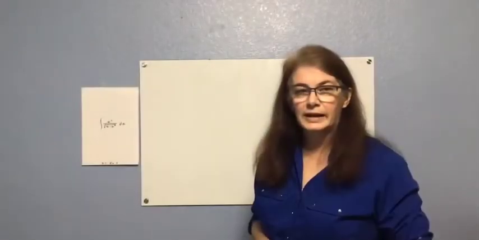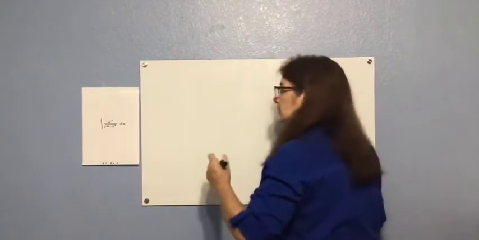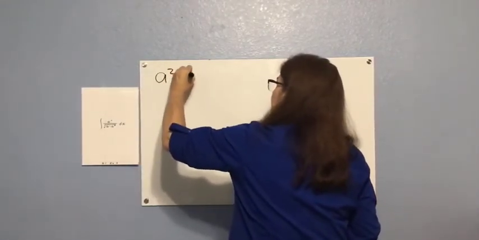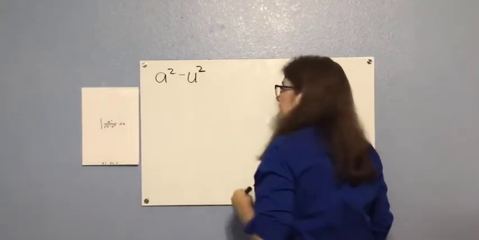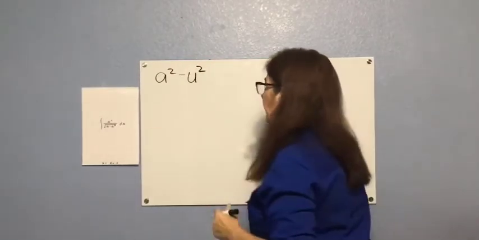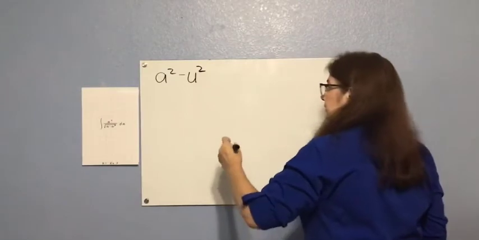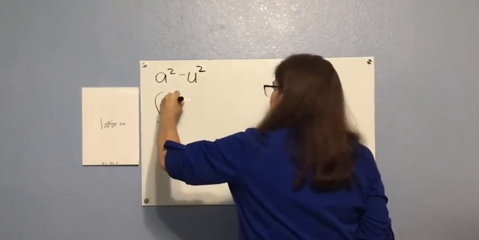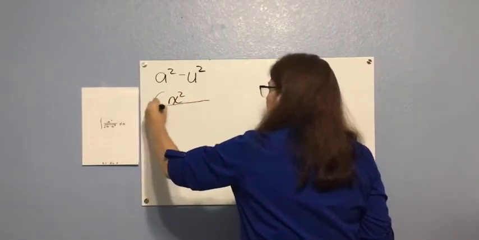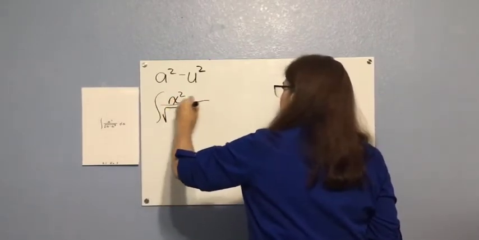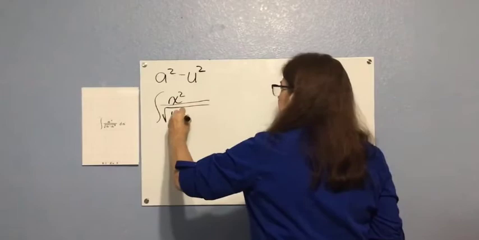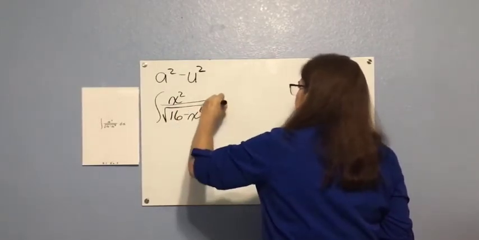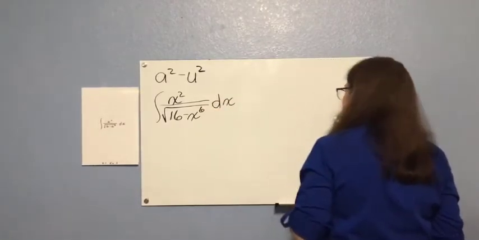In our next example, we're going to use the substitution a squared minus u squared to work this problem. This is the problem. Okay, integral of x squared over square root of 16 minus x to the 6th power dx.